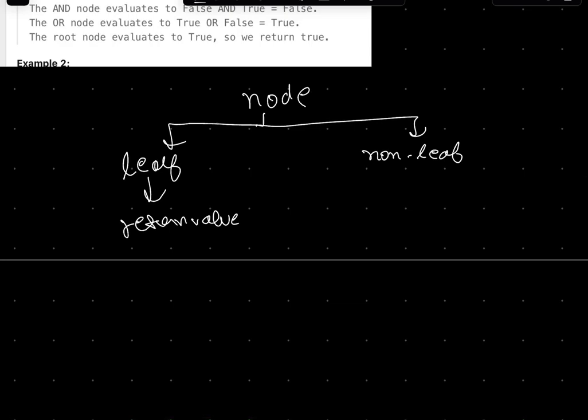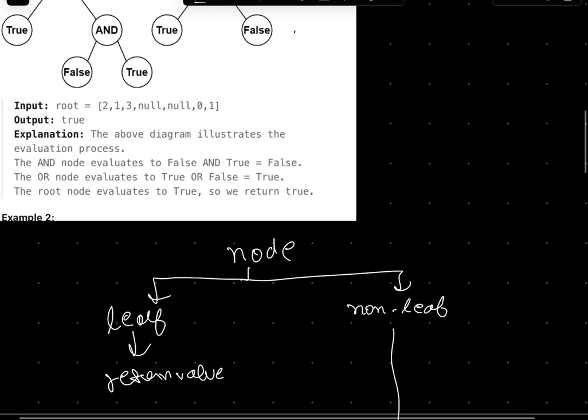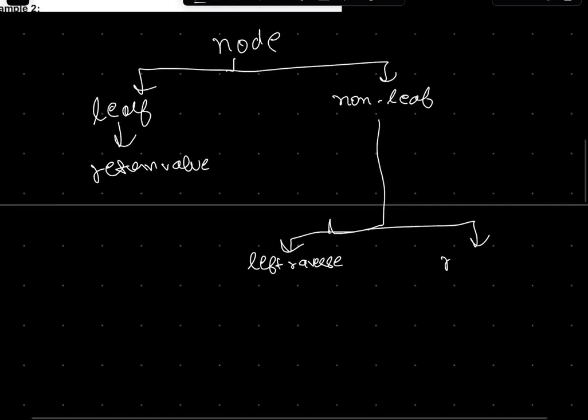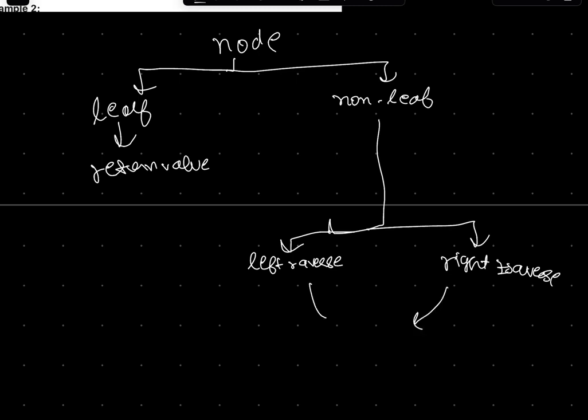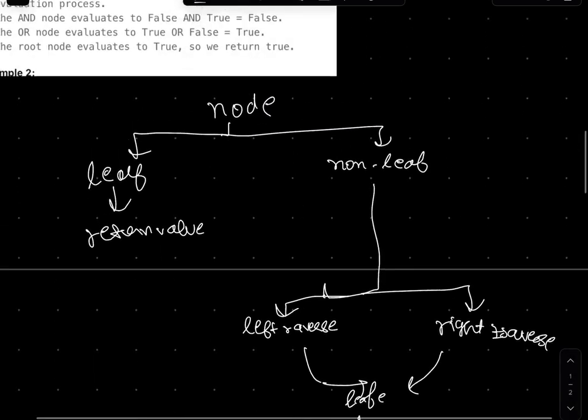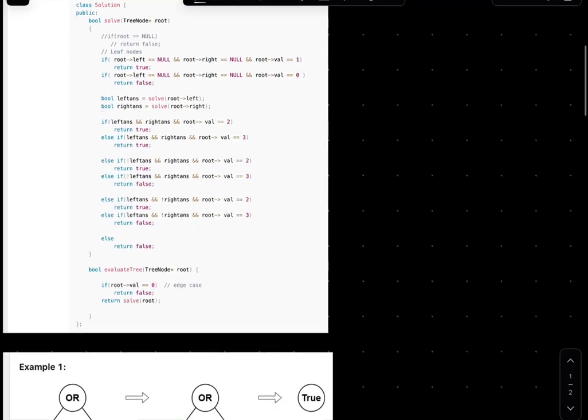If it's non-leaf, you have to traverse left till a leaf, and you have to traverse right. After you keep traversing, you will reach a leaf node, and then you have to check and return. These are the easy steps, and let's see the code of this.